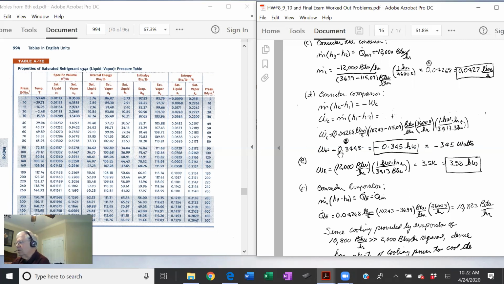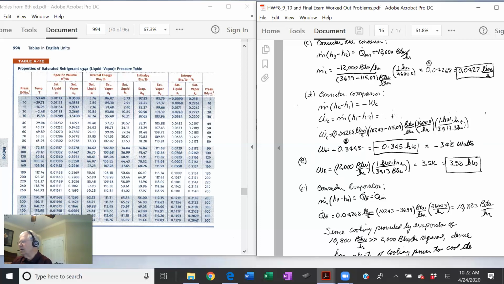And I get the work of the compressor is minus 340. And now if you get a plus here, I'm okay, as long as you got the right numbers. I get 0.345 kilowatts, which is 345 watts. Whoops, I didn't circle that. Now he says, how many watts would I need to drive the compressor? 345 watts.